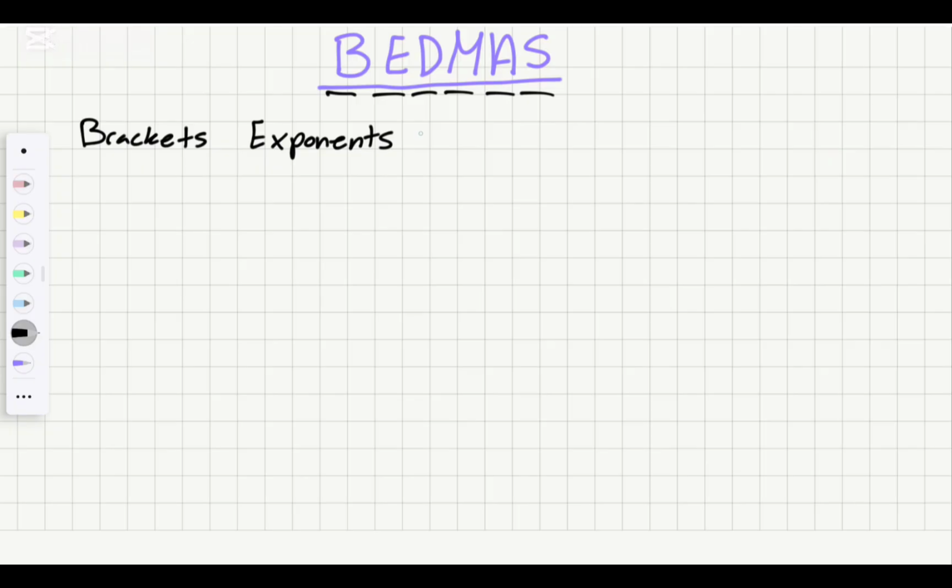Then we have D for division, M for multiplication, A for addition, and S for subtraction.